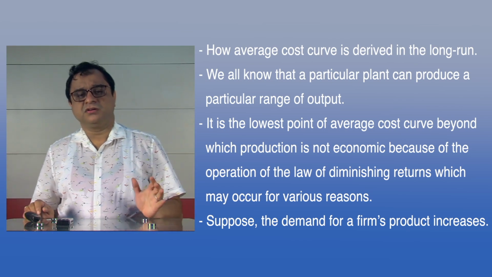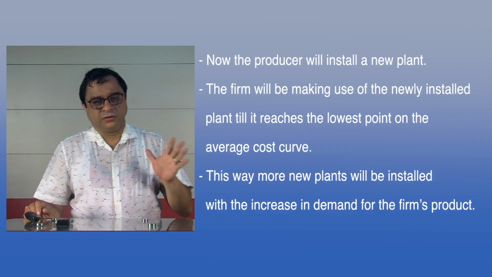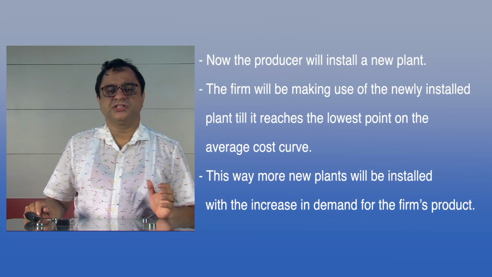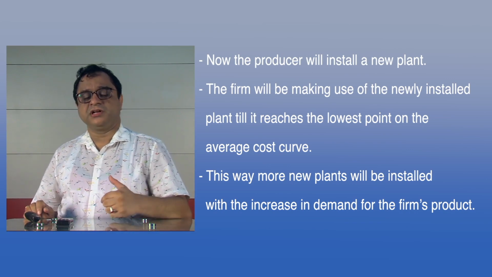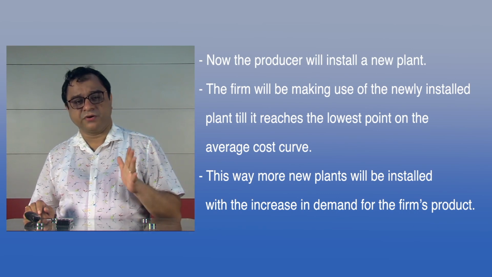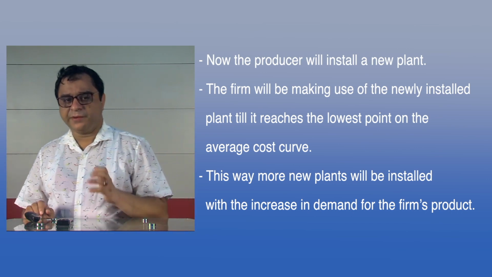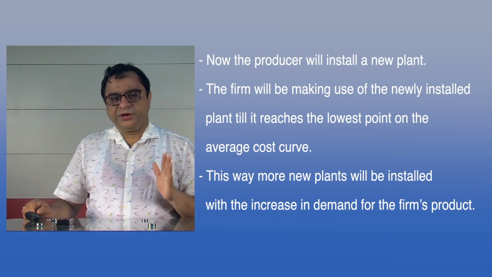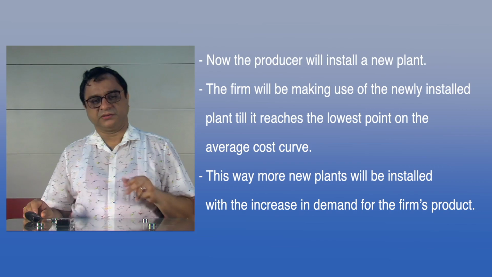Suppose the demand for a firm's product increases. Now, the producer will install a new plant. The firm will be making use of the newly installed plant till it reaches the lowest point on the average cost curve. This way, more new plants will be installed with the increase in demand for the firm's product.